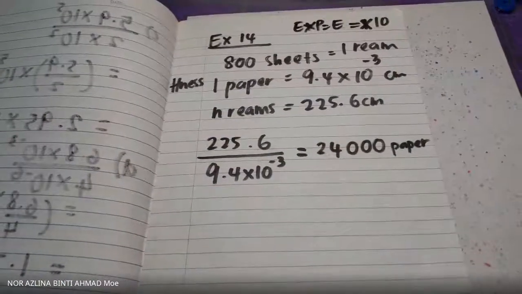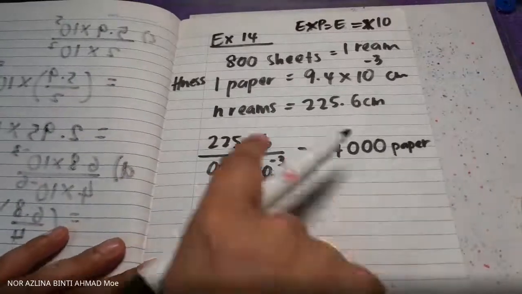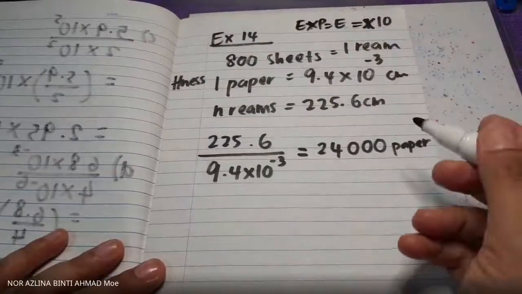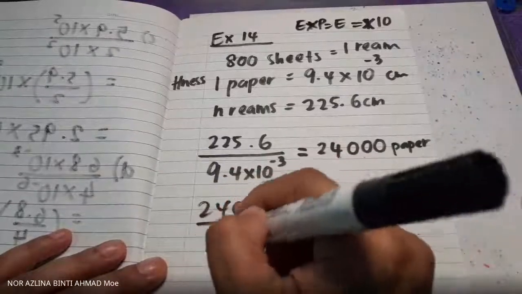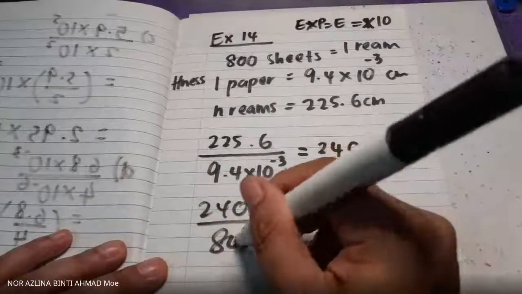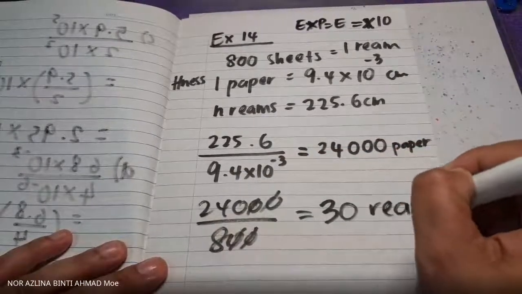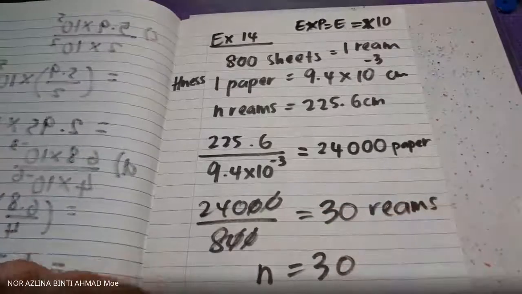Okay. So ada 24,000 paper. For one ream, 800 paper. So nak tahu berapa ream, so 24,000 divided by 800. So saya dapat 30 ream. So n equal to 30.